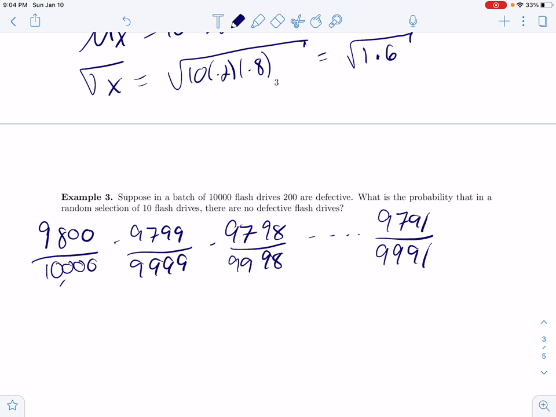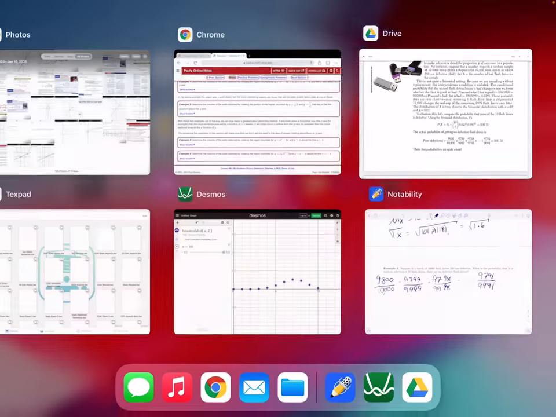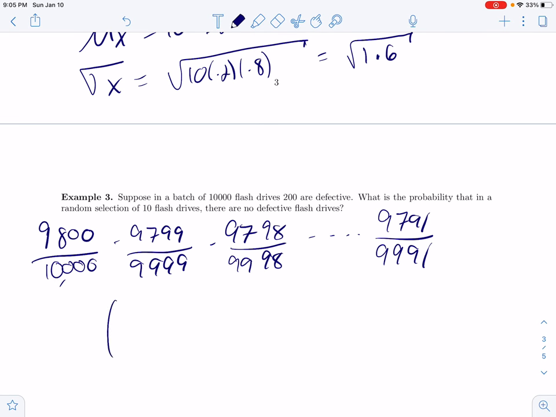So we're going to count being not defective as a success. So this is the probability that in 10 choices, I get 0 defectives.